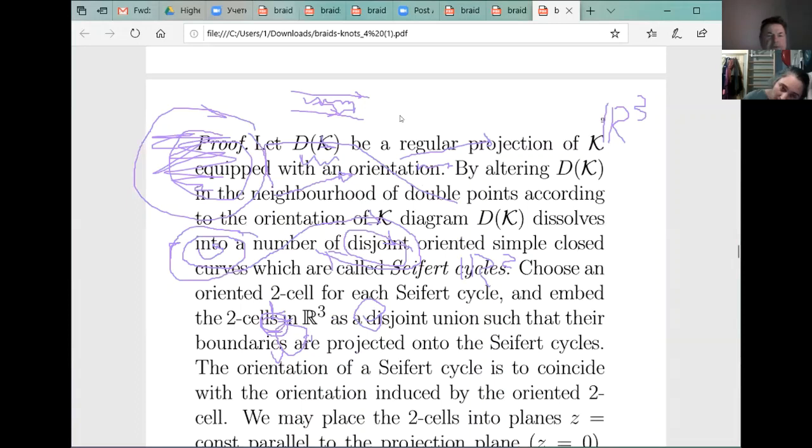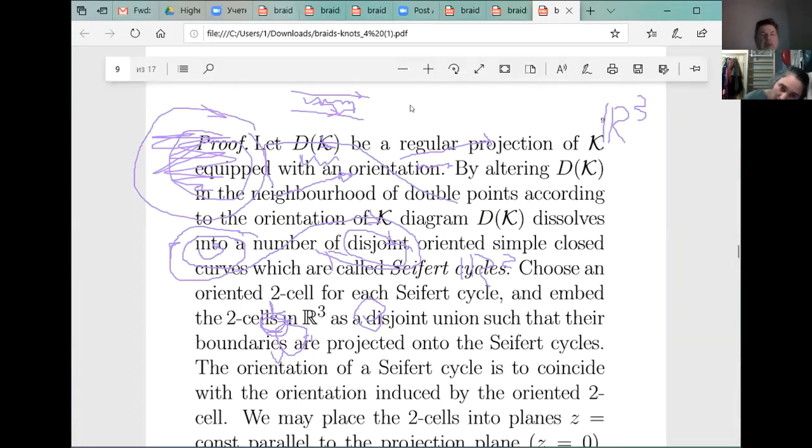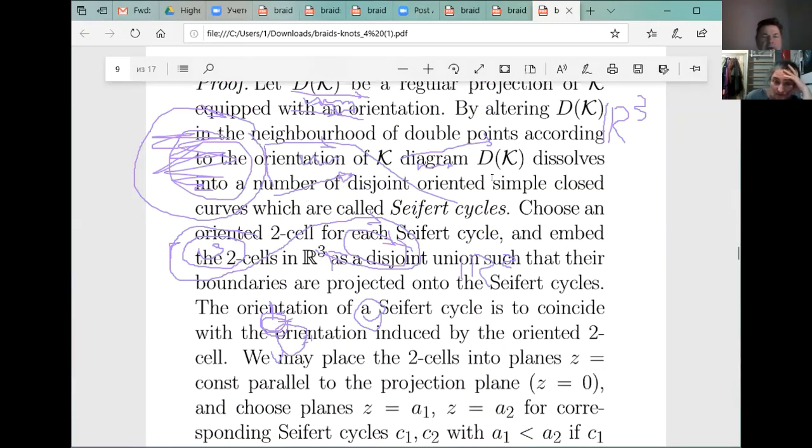So we start with a projection, and the projection is equipped with orientation. So we have a neighborhood of double points according to orientation. And for the diagram, we make this dissolution into disjoint oriented simple curves.